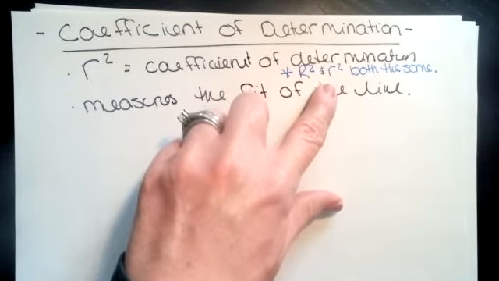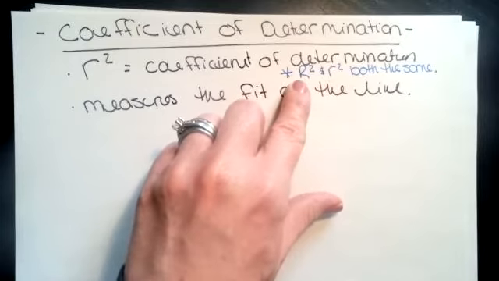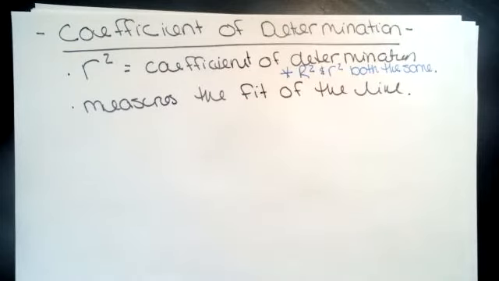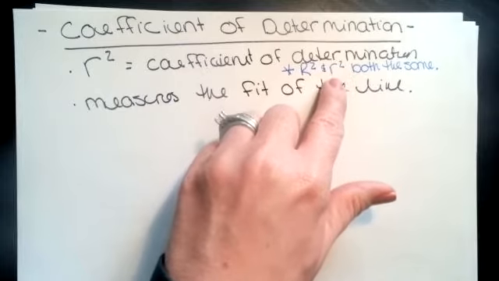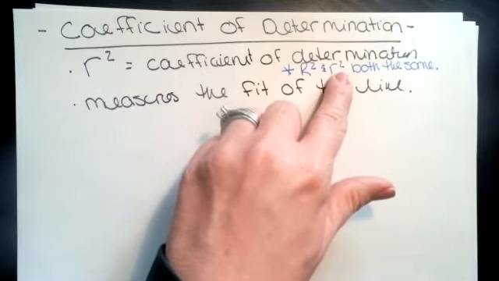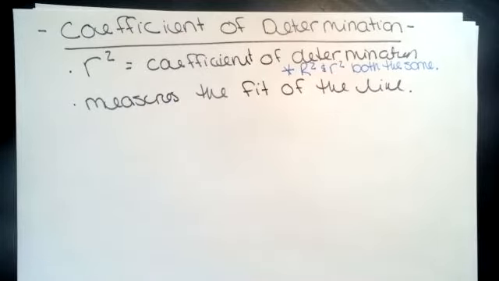Now, if you were going to use a different regression line, you would use capital R squared and it would be calculated differently. It's not my actual lowercase r being squared, okay? But I want you to know for our class, we are always using this lowercase r squared, and it actually is my correlation value being squared. So I'd like to mention that in case you see that come up anyways.